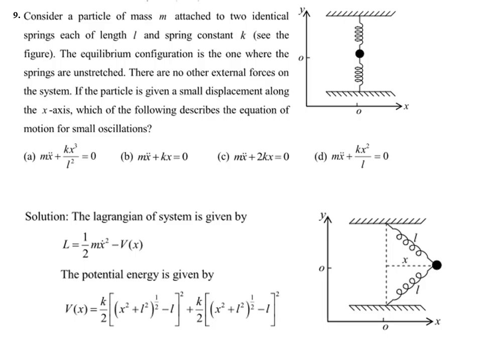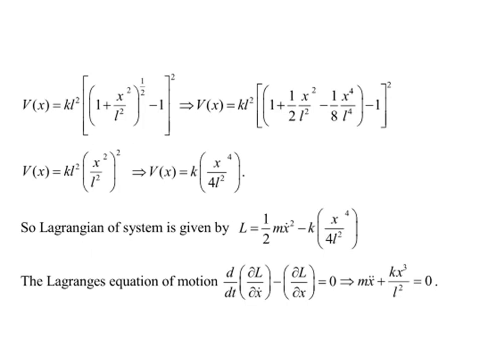Similar is the elongation for the second spring also, that is root of x square plus L square minus L. So substituting these values, we get potential equal to k by 2 into (x square plus L square)^(1/2) minus L, whole square, plus k by 2 into (x square plus L square)^(1/2) minus L, whole square.